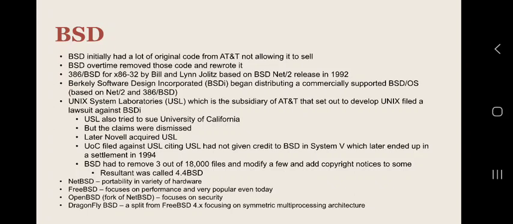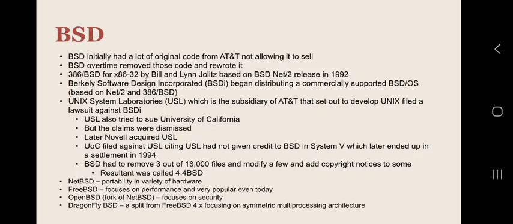So BSD over time removed that code and rewrote it in their own form. They also had something called 386BSD for x86-32 by Bill and Lynne Jolitz, based on the BSD Net/2 release in 1992. So they had another release called BSD Net/2, and that paved the way for 386BSD. These are all historical reasons that drove these releases.